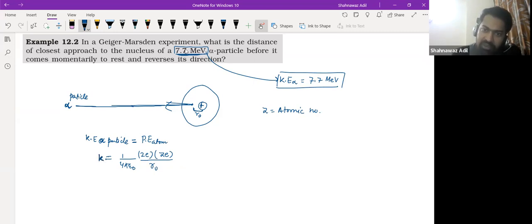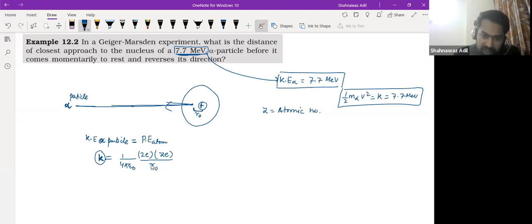In this question, look carefully that they have not mentioned the velocity. They have directly given the kinetic energy, so there is no need to write half mv square. They have already given the value of half m alpha v square, which is 7.7 mega electron volt.